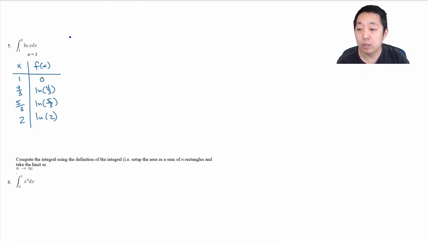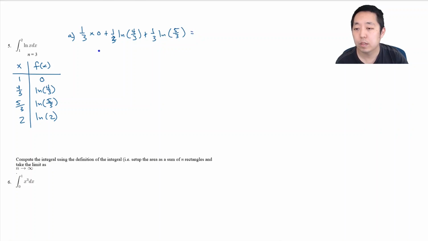And so when we do A, the left-hand sum, I'm going to use these three. So I'm going to say 1/3 times 0 plus 1/3 of ln of 4/3 plus 1/3 ln of 5/3. And so when I sum logs, I can factor out the 1/3, and when I sum logs I can multiply.